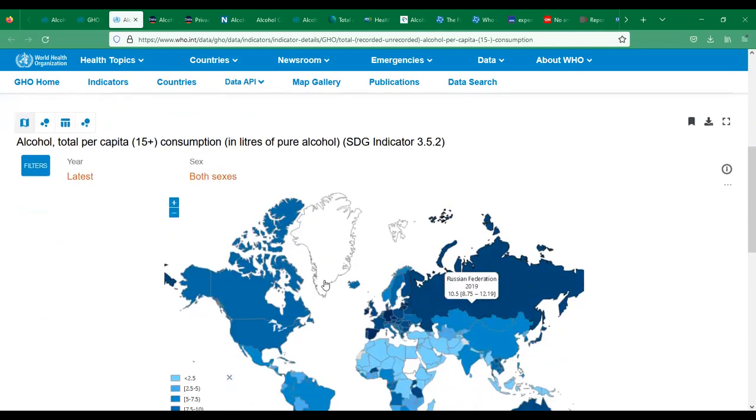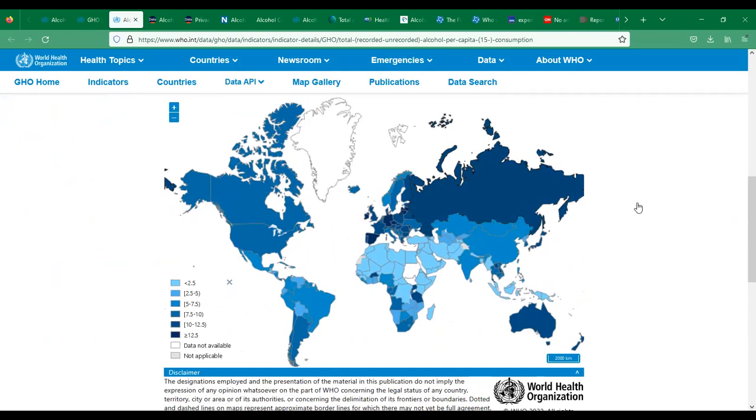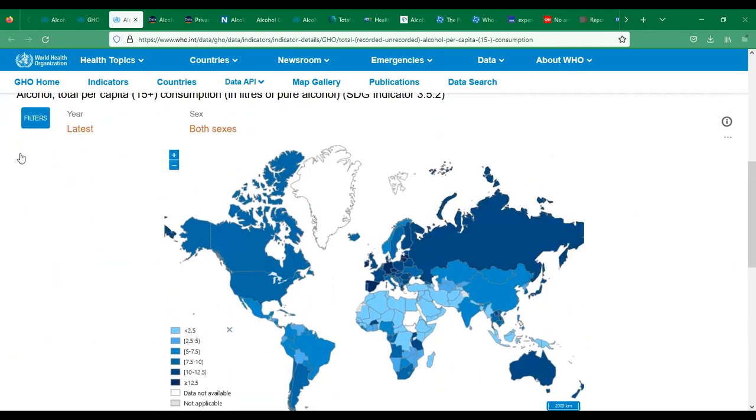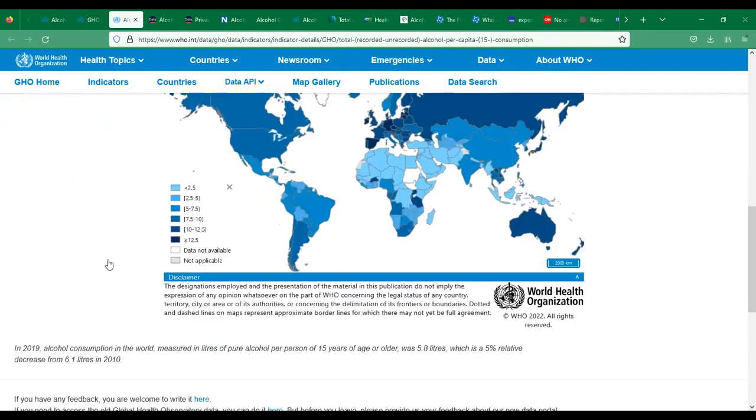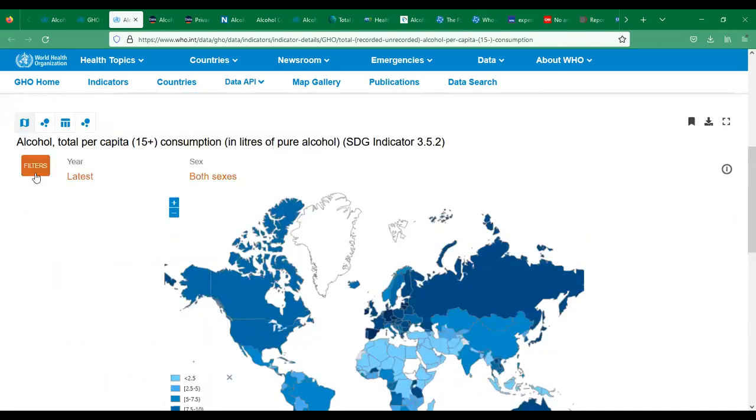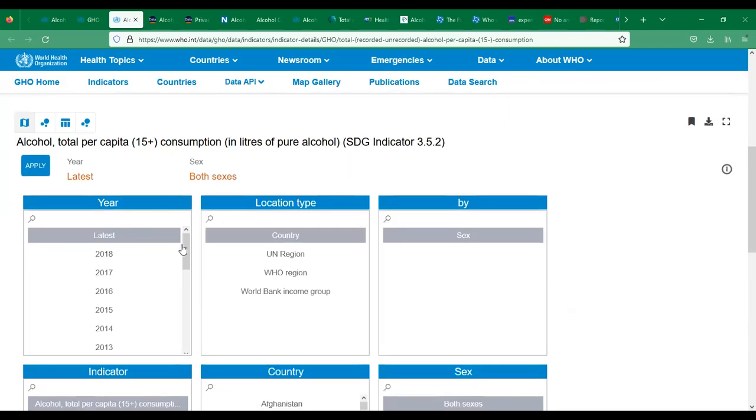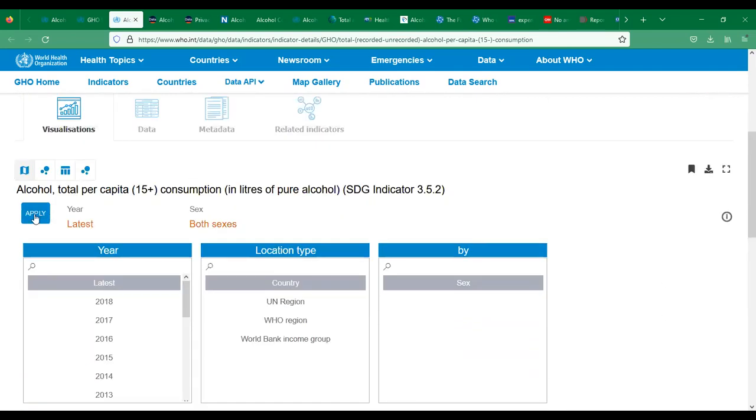This is an interactive chart, which is very good for showing you different parts of the world. The more recent data that we have here says 2019, but if you try to select the latest, I'm not sure if the latest is 2019, but we have 2018.